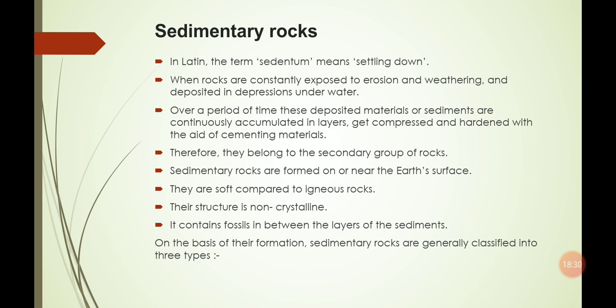Okay, now let us recall all those things. The word sedimentary comes from sedimentum, the Latin word, and it means settling down. How are sedimentary rocks formed? They get eroded by the weathering process, wind, air, water, whatever it is.